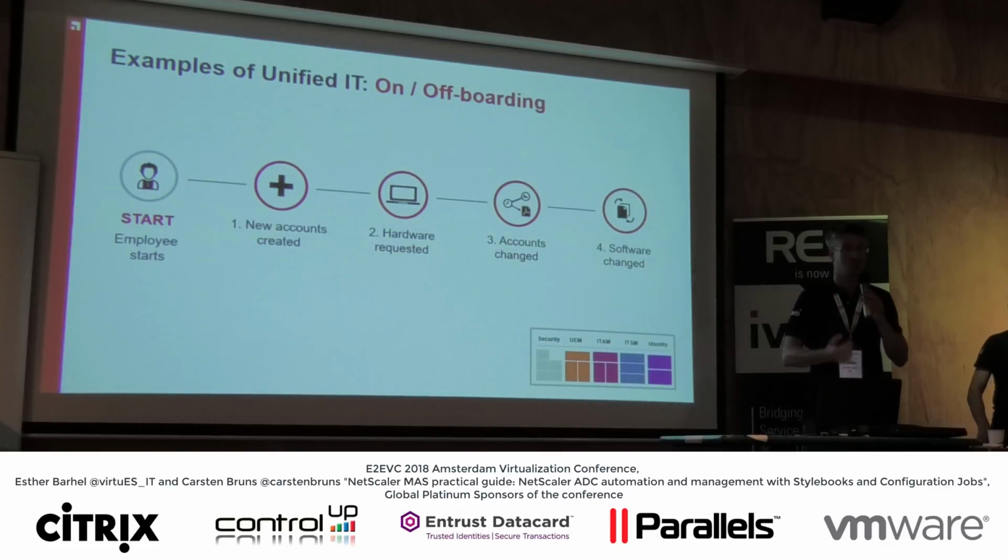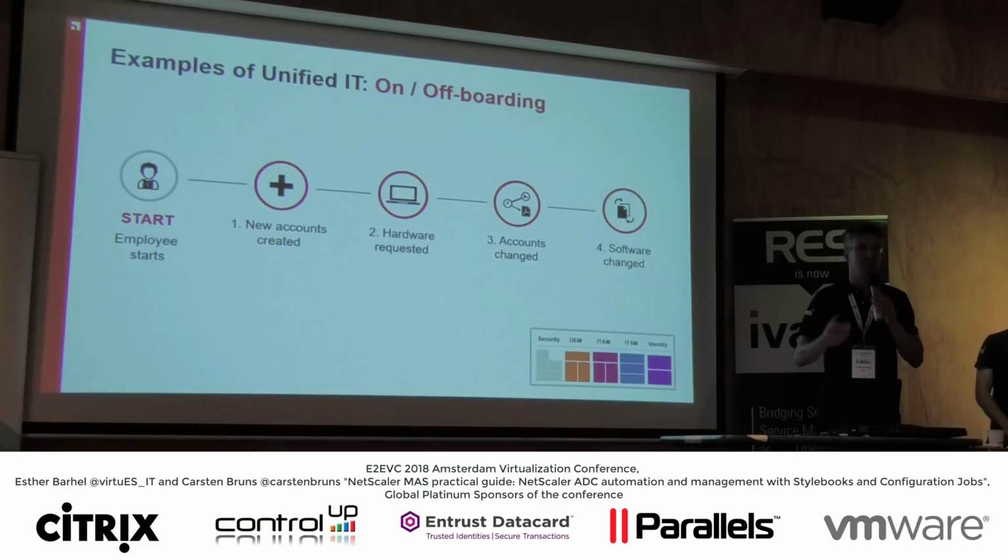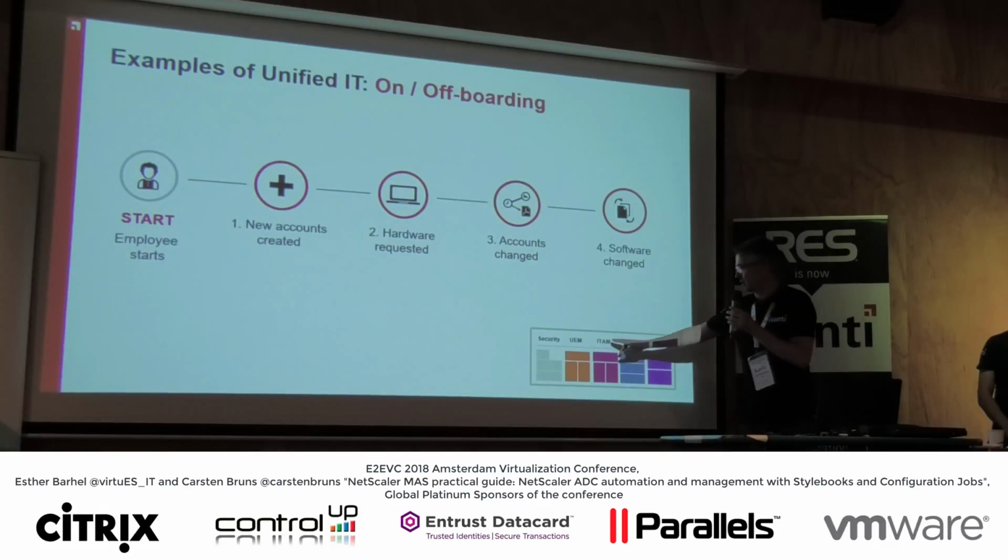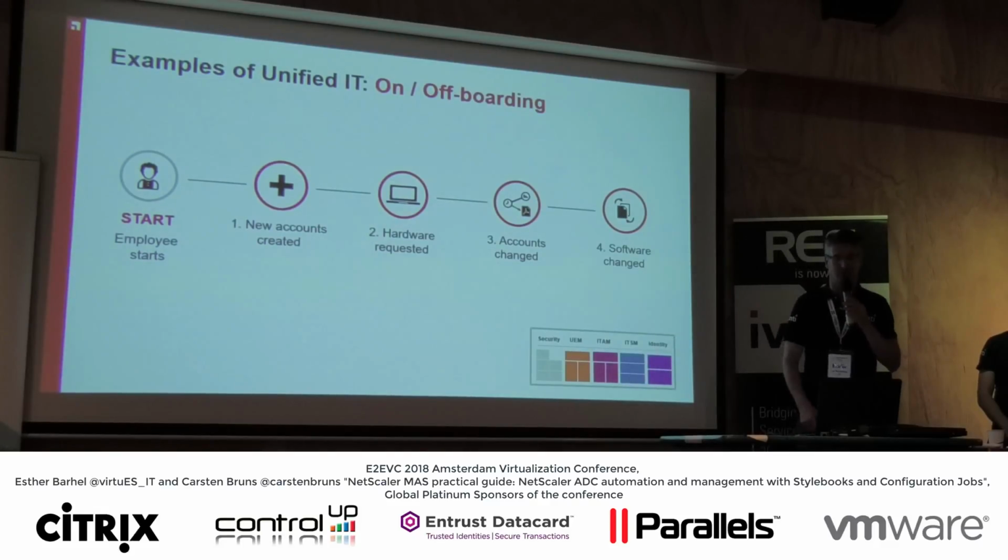Maybe you want to control your software licenses. Many organizations, by the way, are over-licensed. Did you know that? Many organizations are over-licensed because they are afraid of fines by Microsoft and other big vendors. They don't know how much they actually need from a licensing perspective, so they have more licenses than they actually need. That's money down the drain. We can help with that from an IT asset management perspective, right?